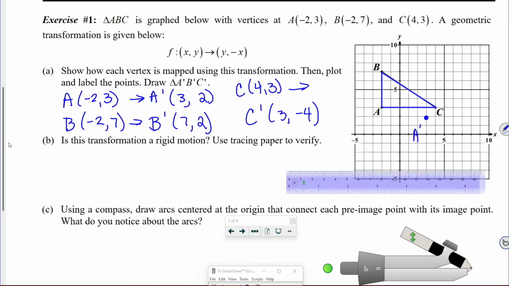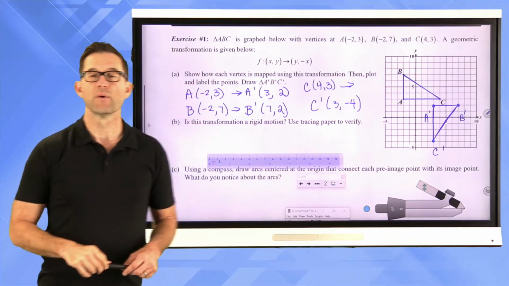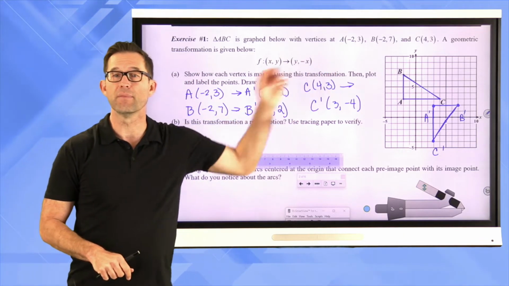B' is at (7, 2). And C' is at (3, -4). I'm just going to hand sketch this in to save us a little bit of time. All right, so we have triangle A', B', C' compared to triangle ABC.